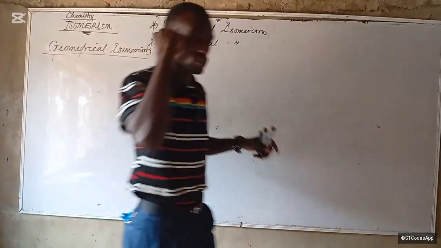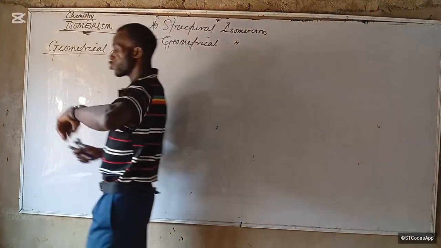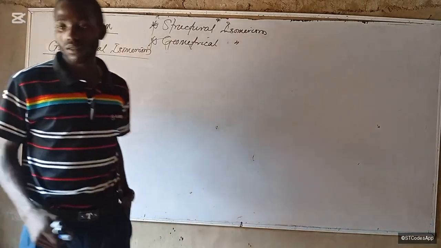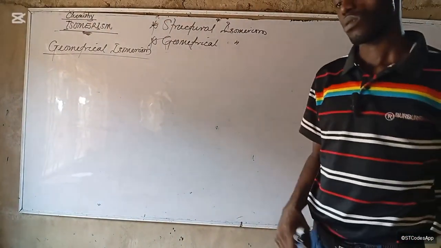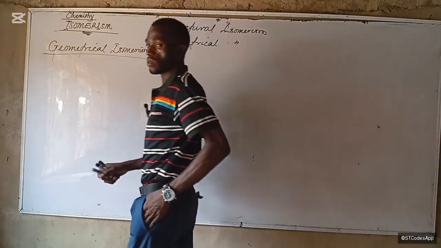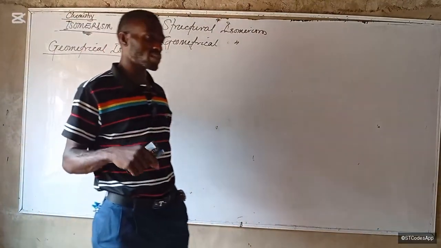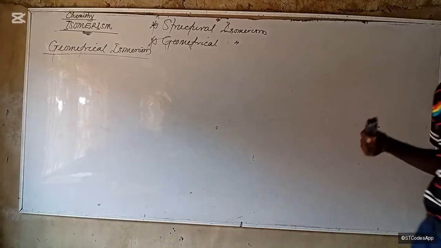This is a type of isomerism in which two organic compounds have the same molecular formula but different orientation in space. They have different what?